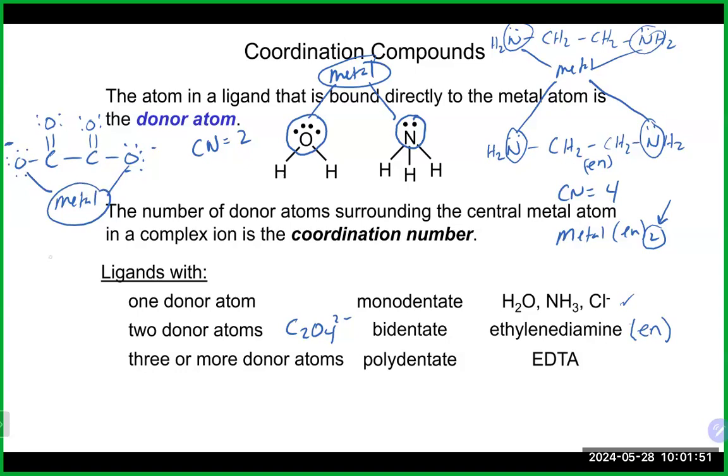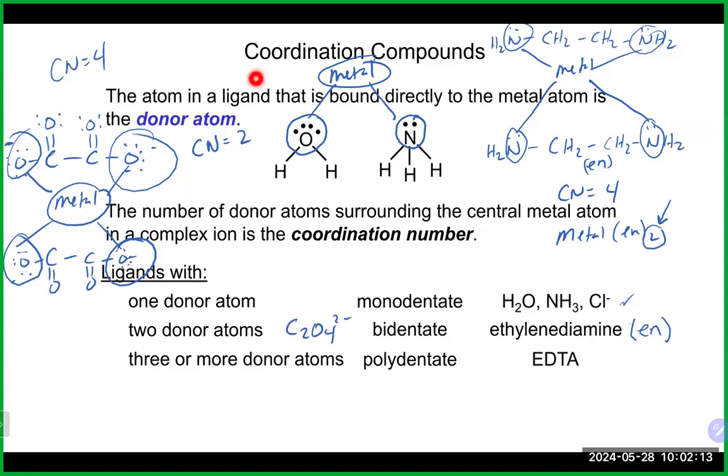So if you had 2 of these, you would get 1, 2, 3, 4 attachments here, and the coordination number would be 4. Those two are probably the most common bidentate ones that you come across.